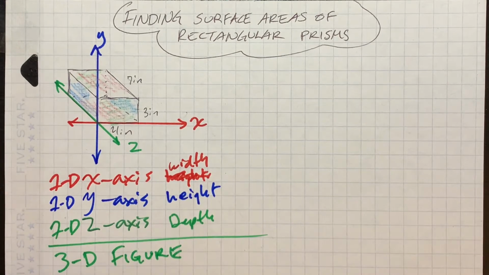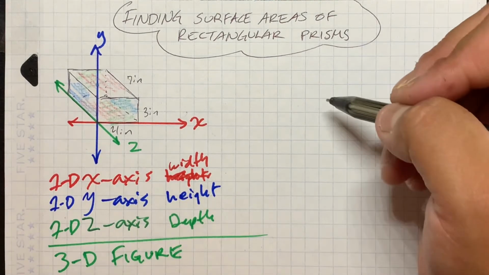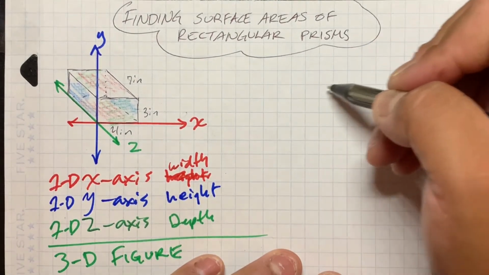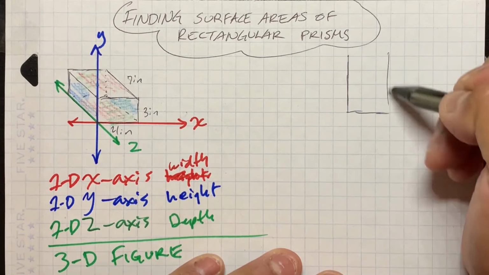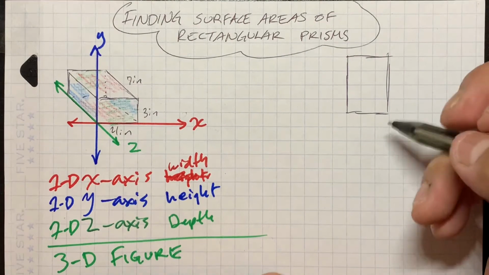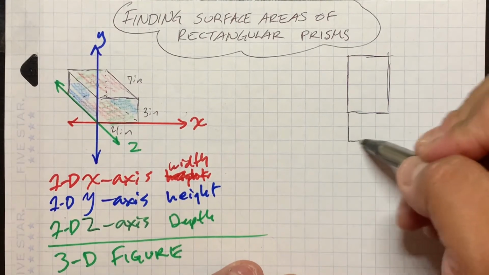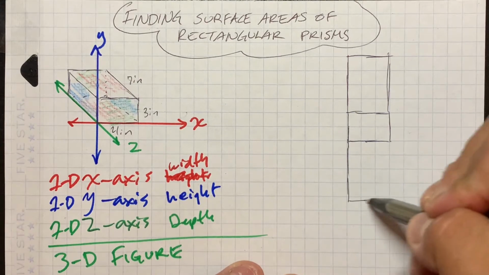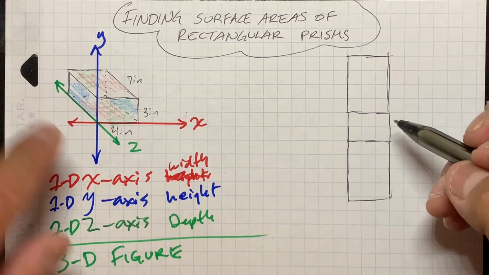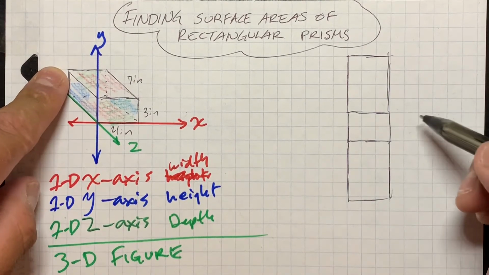All right, so what we're going to do first is break this rectangular prism into a net. Let's see here. The top, it kind of looks like that. And then the back of it, and then the bottom. And then the side.